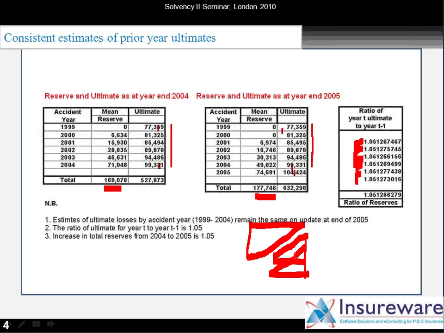But for every number in the top triangle, there's a number below it in the lower triangle, which is 5% higher. Therefore, the total reserves also increase by 5%. And in fact, it's only by projecting along that 5% trend line that the total reserves from year to year will go up by 5%, and you'll maintain consistent estimates of prior year ultimates.